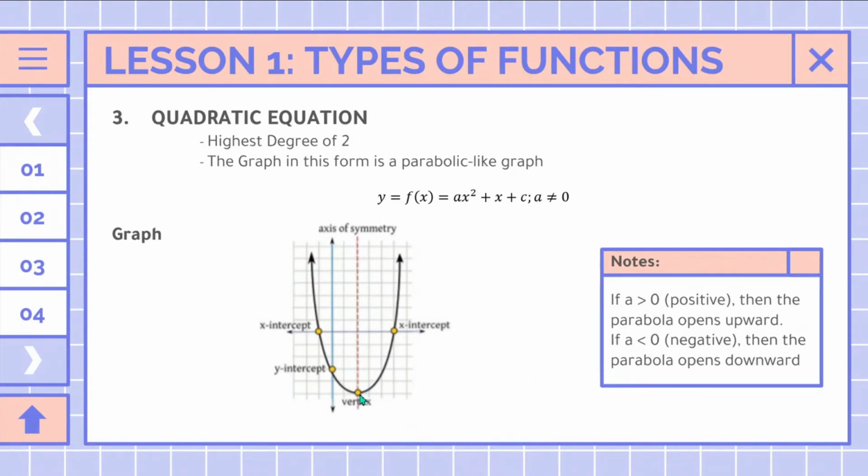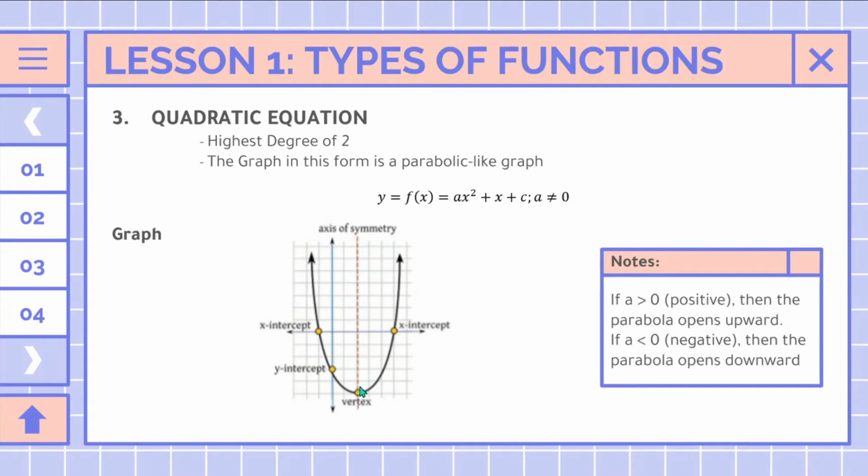So, paano nyo ba makikita if the parabola is opening upward or downward? Gawin yung basis itong vertex. Itong vertex is either the lowest point or the highest point of a parabola. Then, kung mapapansin nyo, if the vertex is the lowest point, then the parabola opens upward. Masasabi natin na a is positive or a is greater than 0.